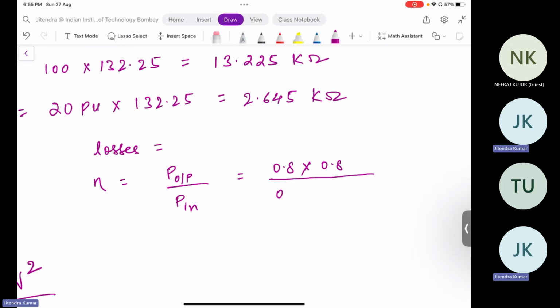P in is equal to P out plus losses, so 0.8 into 0.8 plus losses. Now, losses are of two kinds, one is core, another is copper.